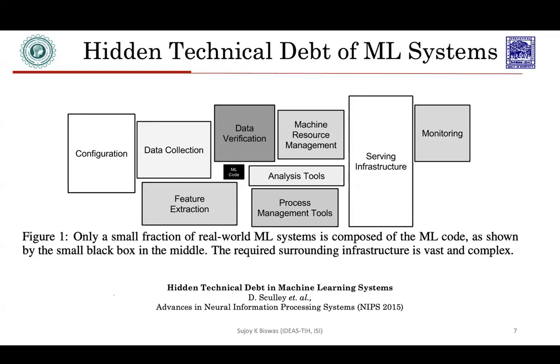But actually, that is working in the development environment. It is failing when you are deploying. Why? And also, the deployment is not efficient. Why? Because look at this diagram.